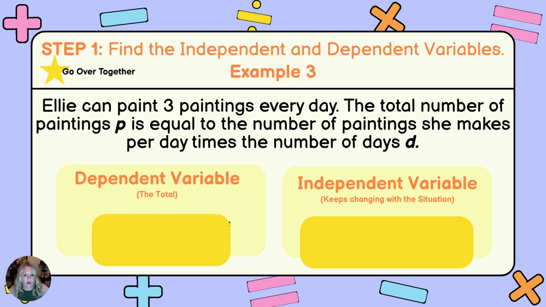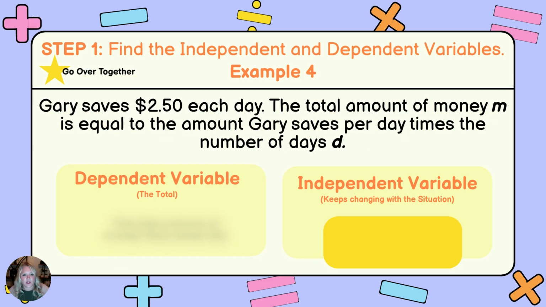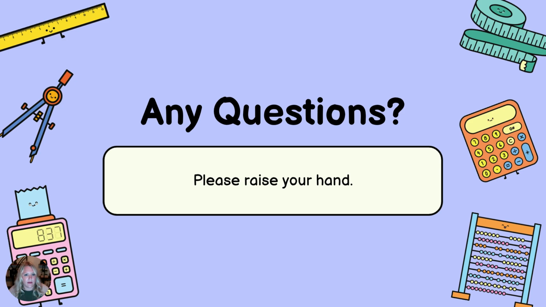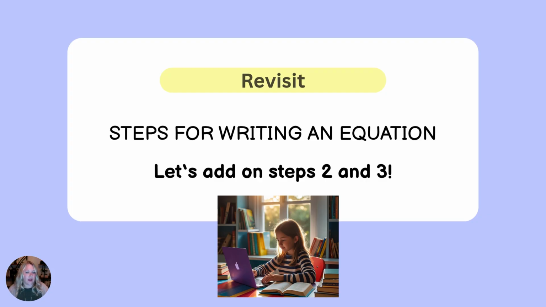I'd be able to check for their understanding as I watch them work independently. And now I would ask for any questions, for them to raise their hand in our chat, and respond to any of those. Okay, now back to the lesson.